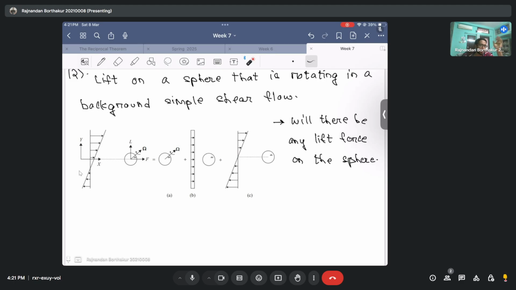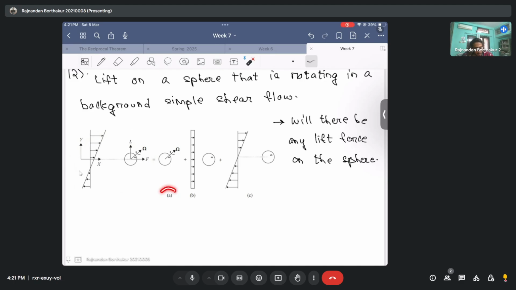That is only possible if the equations which govern the dynamics are linear in nature. Since the creeping flow equations are linear, I can decompose this entire problem into three problems.